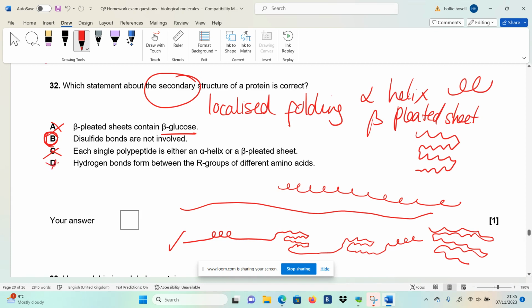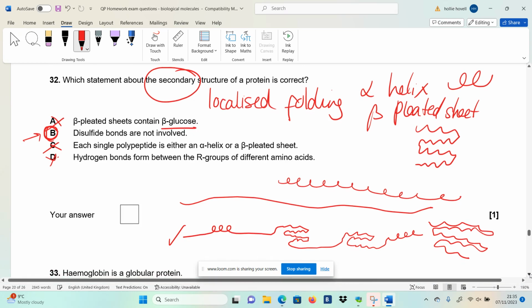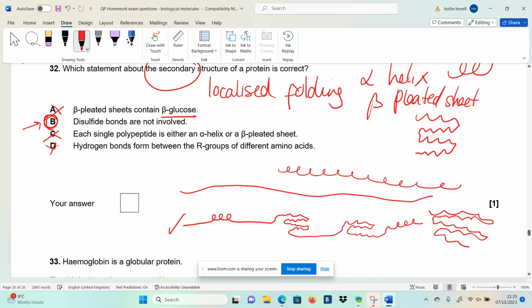So we go with B. Disulfide bonds are not involved. Oh, sorry, I was just thinking about D. Does that make sense? The thing that's wrong about it is that it's not between R groups. The hydrogen bonds don't form between the R groups. They form between other parts of the amino acid. That's where that is. Yeah, that's right.